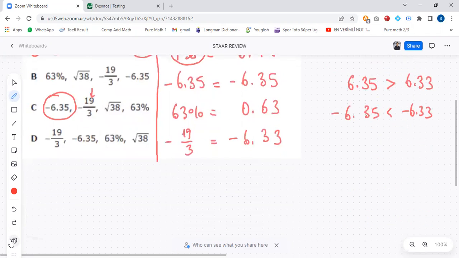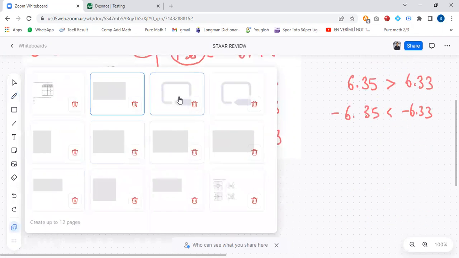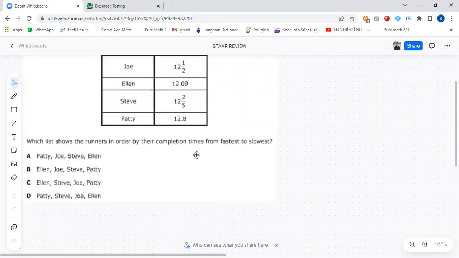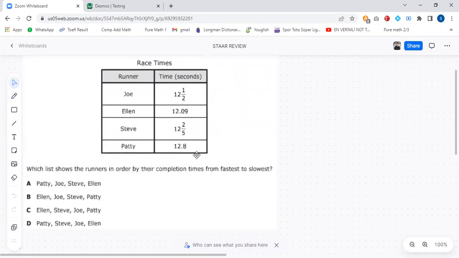All right, so let's do another one. All right, guys. So let's remember 12 and 1/2. We cannot convert this into a decimal using our calculator. Actually, that's pretty easy, right? 1/2 is 0.5, so that's going to be 12.5.